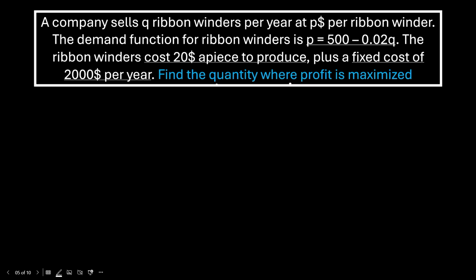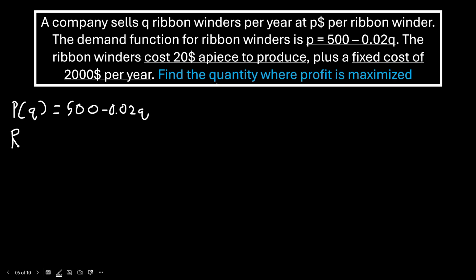Now, before we begin, let's label our functions just for organization later. So our price function, as stated in the problem, is 500 minus 0.2Q.